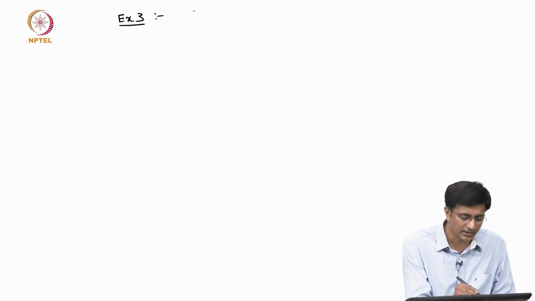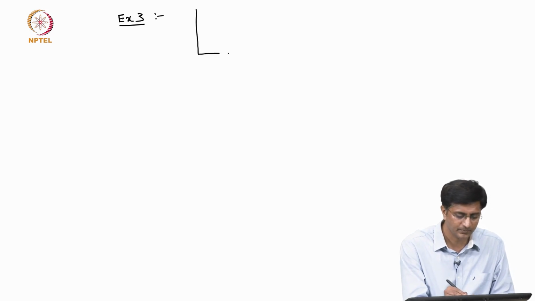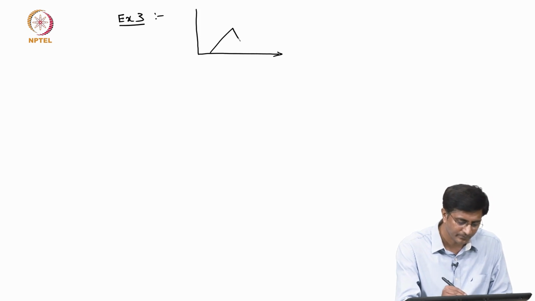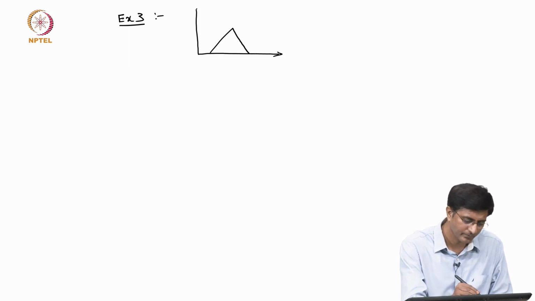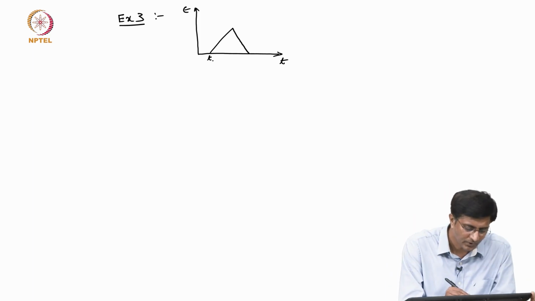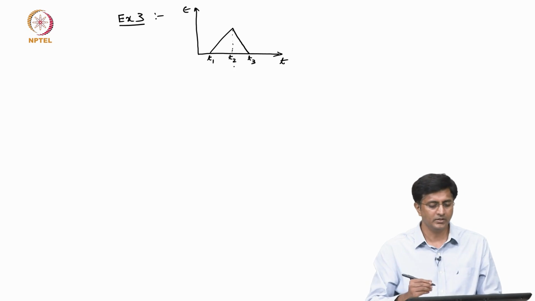Now, let us say the kind of input is, so let us say the strain is varying with time and let us say these times are T1, T2, T3, fine.